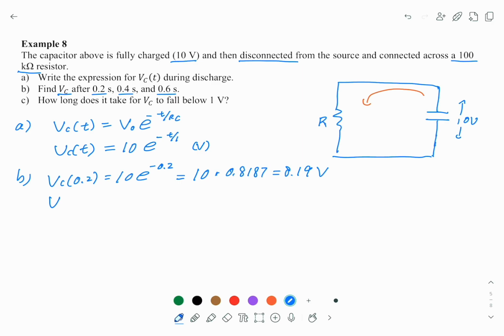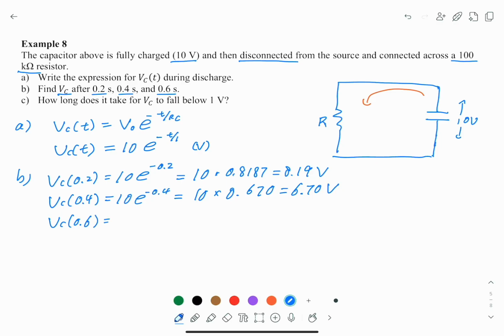At 0.4 second, 10 times 0.670. It means 6.70 volt. At 0.6 second, 0.549, 5.49 volt.